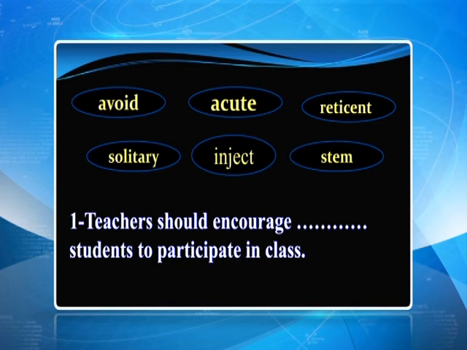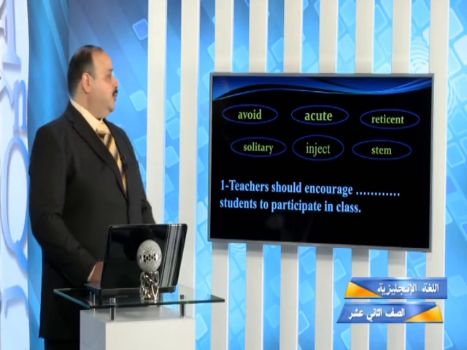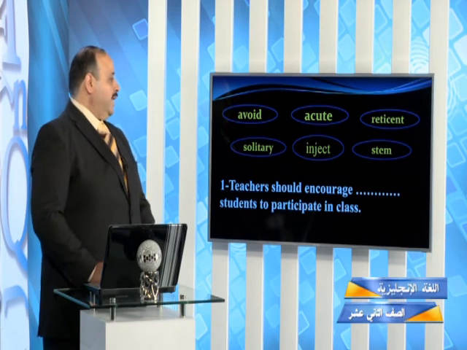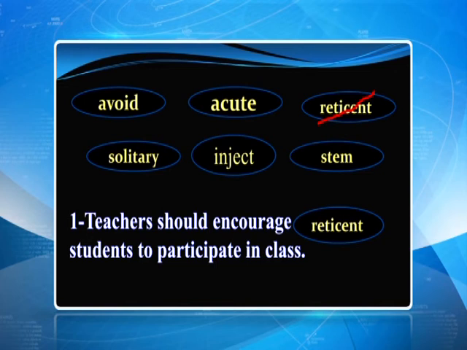Teachers should encourage blank students to participate in class. Now we have the word encourage and to participate. So they encourage who? What is the adjective here? We say, very good, reticent, because as we explained before, reticent means shy, someone who doesn't like to show or talk with others.